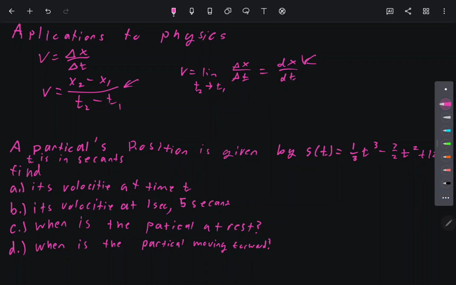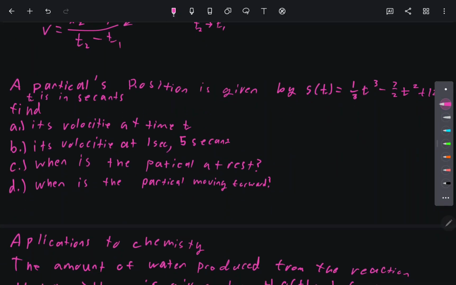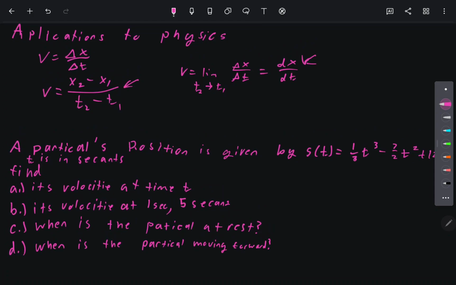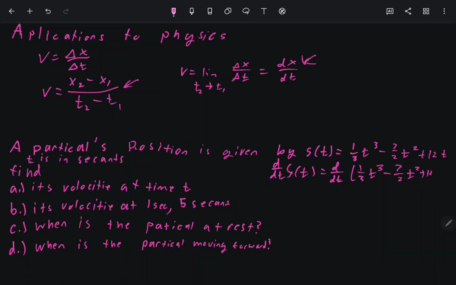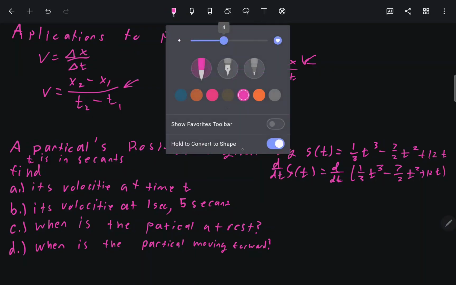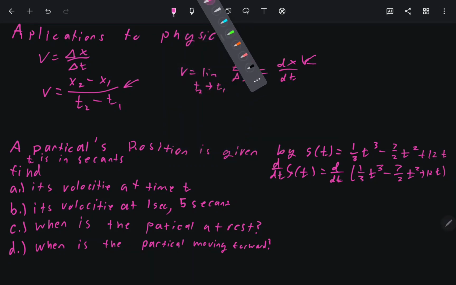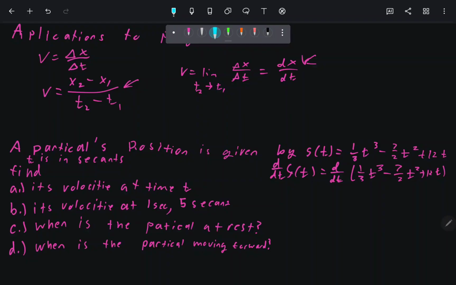To get started, we know that s(t) is really just the position of the particle. So we take the derivative with respect to t of 1/3 t^3 - 7/2 t^2 + 12t.